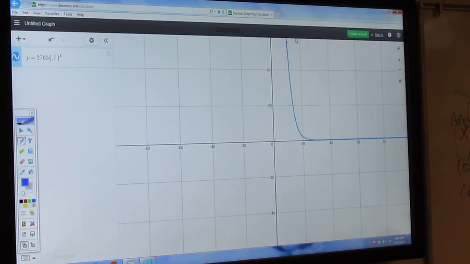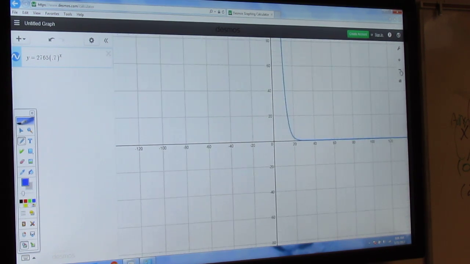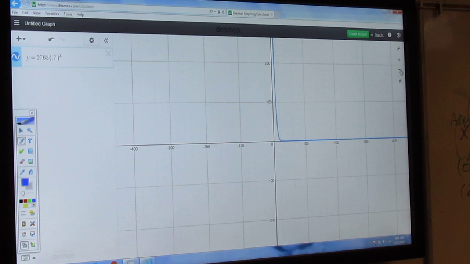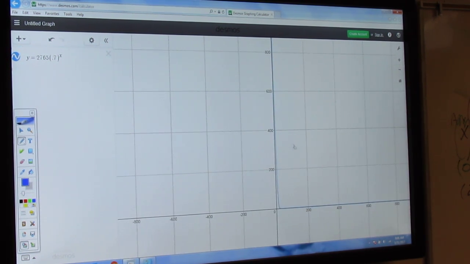So we want to know when it is how much? 350. So we're looking at when it is going to be 350. And it looks like somewhere around 5.79.